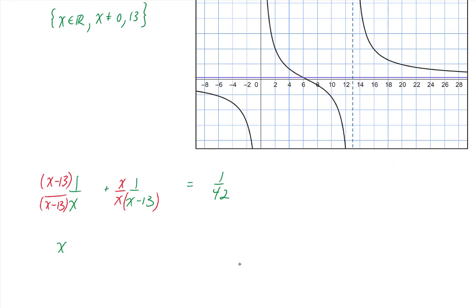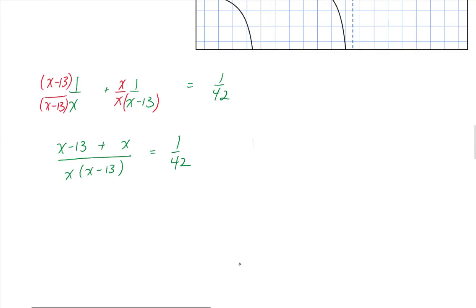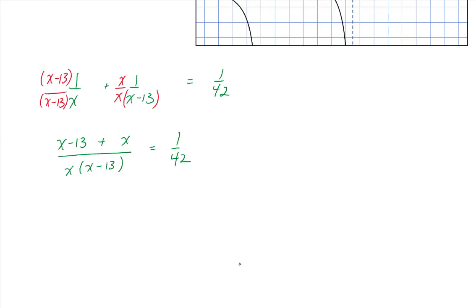So what I have now is (x - 13 + x)/(x(x - 13)), and that equals 1/42. So in the numerator, let's collect like terms. So we get (2x - 13)/(x² - 13x) = 1/42.